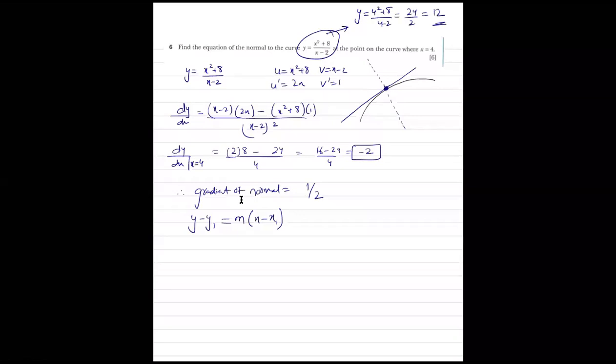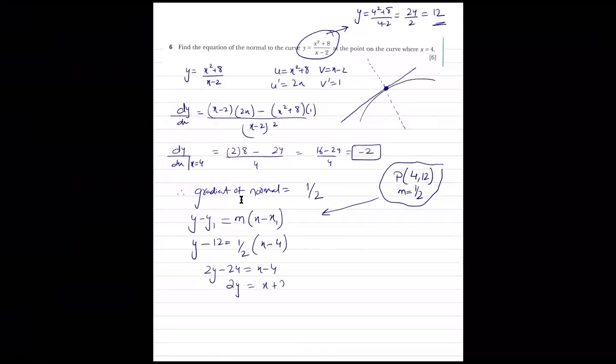So the point is (4, 12). The gradient of the normal is 1 upon 2. Use this to find the equation of the normal. y minus y1 equals m times x minus x1. Okay, that's your equation. If you want to simplify this, you are going to get 2y equals x plus 20.